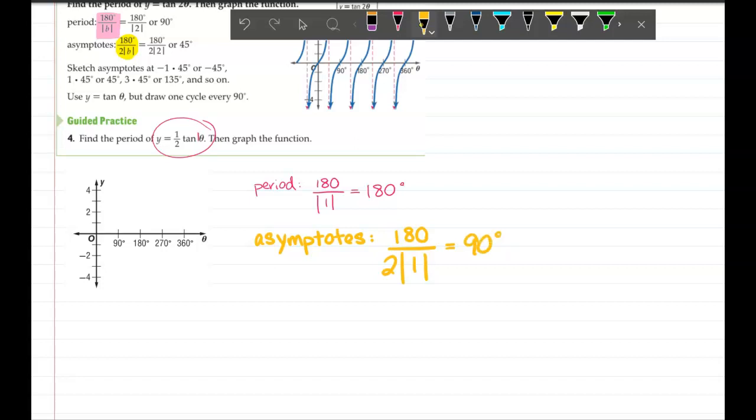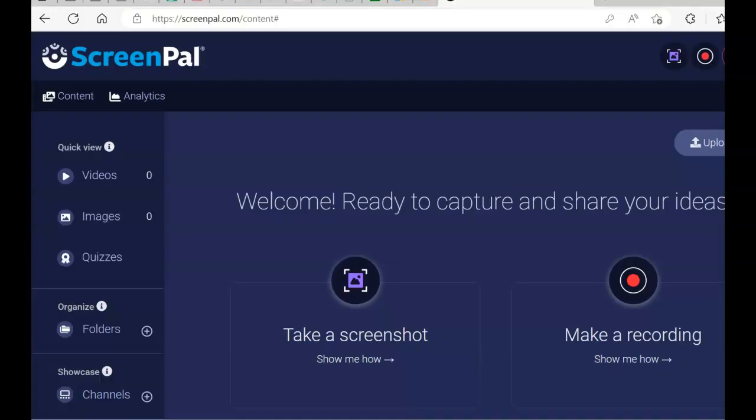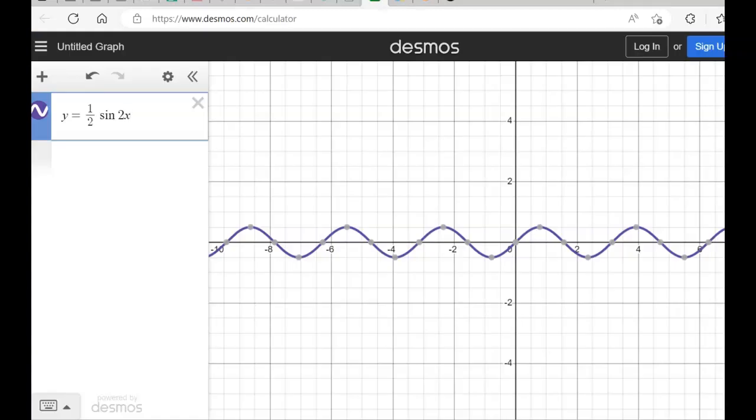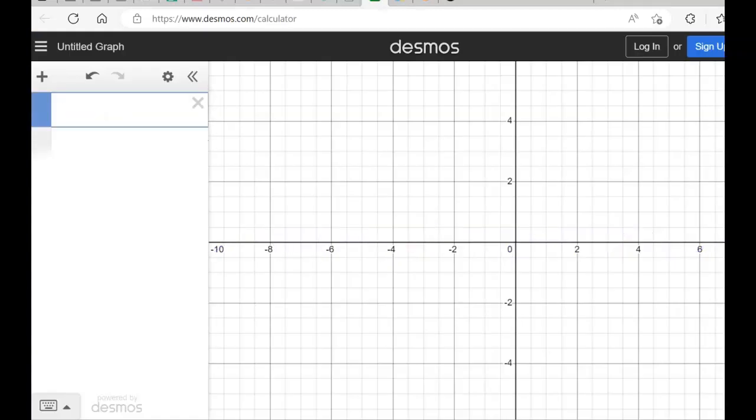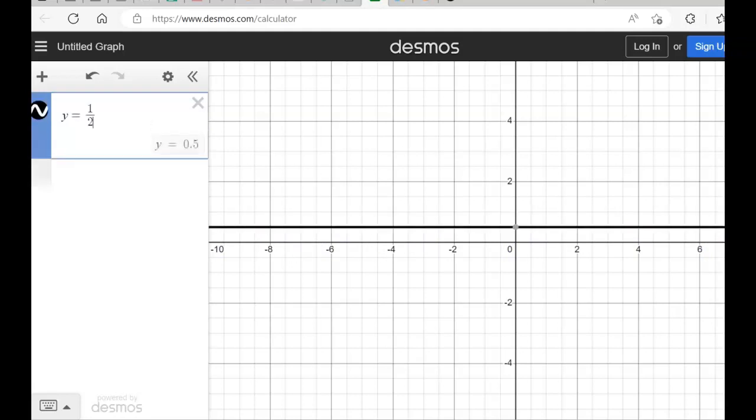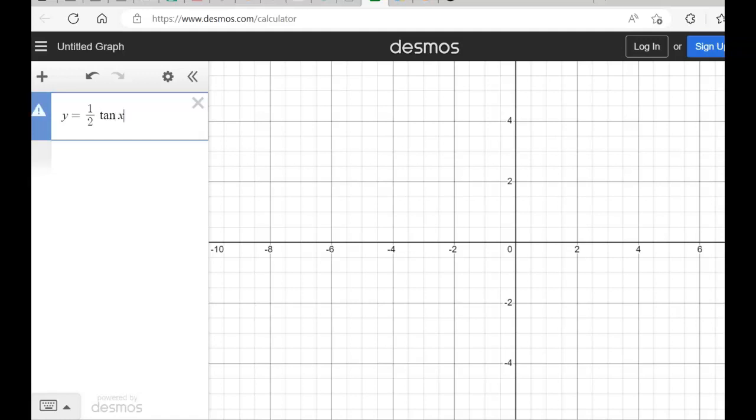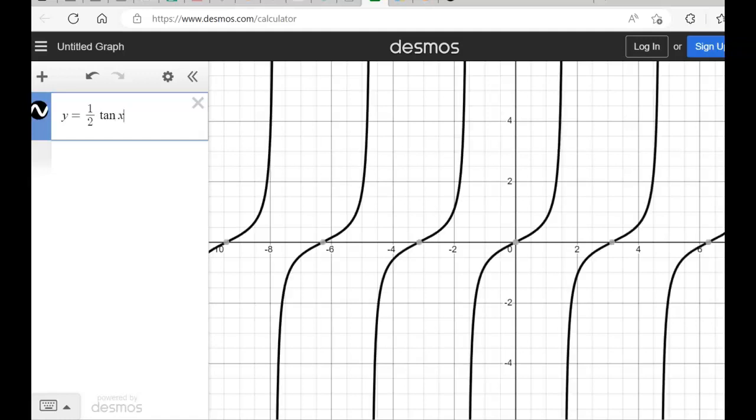So, flipping over to Desmos, we're going to type this in, 1/2 tangent of theta. And again, things are not going to be reported in degrees as we wish, but they are actually reported in radians.